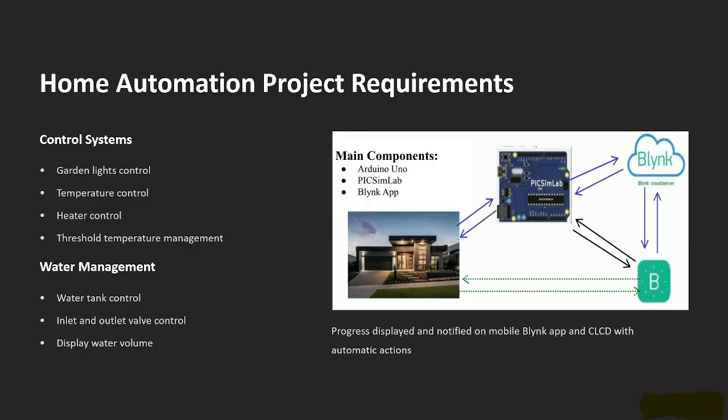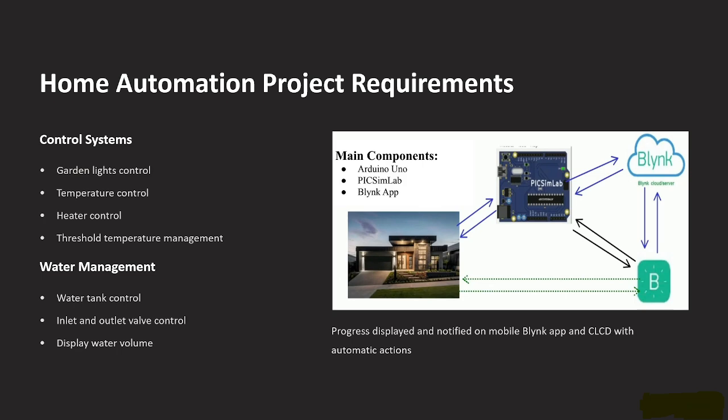And these are the home automation project requirements. This is a control system, like a garden light control system. By executing a single project, we made a complete home automation project. First we use garden lights control, and then temperature control like heater control.